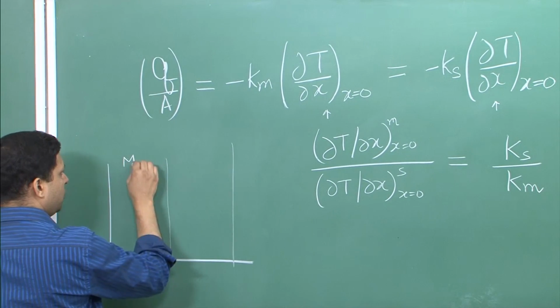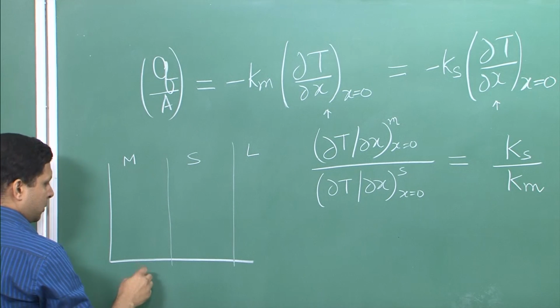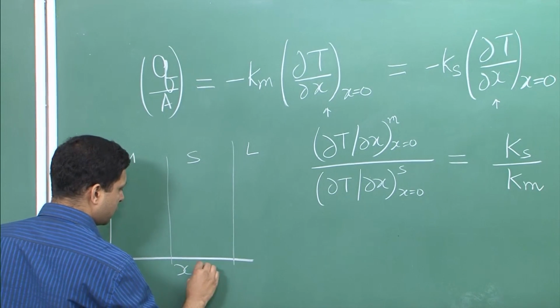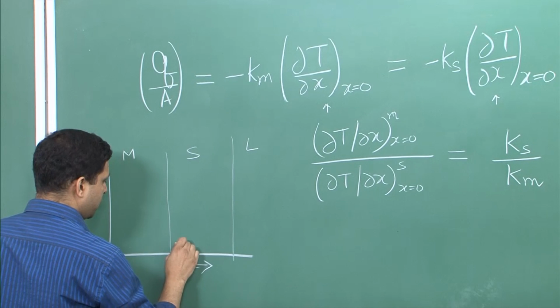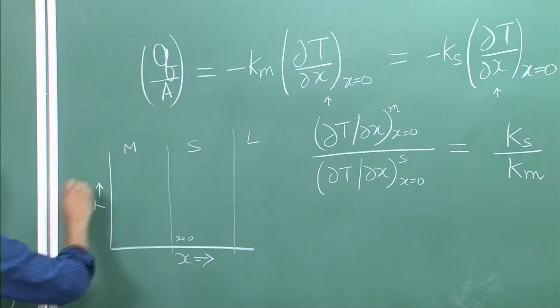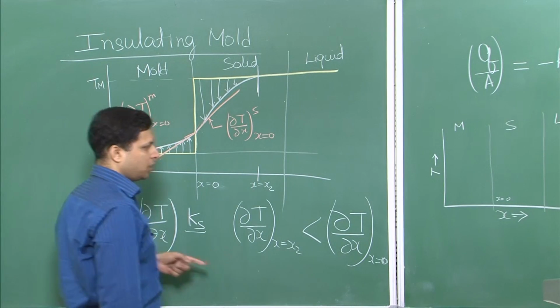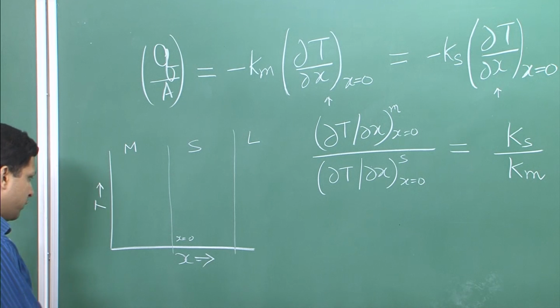So this is our mold, this is our solid, this is our liquid, this is our x, and here is our x equal to 0. This is temperature. So like I said, this is a transient or non-steady state. In the steady state condition, what will happen?